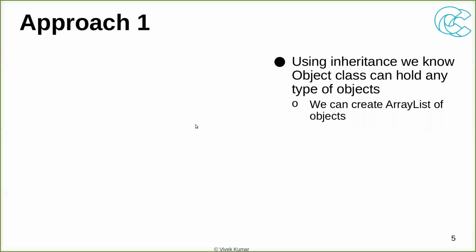With the topics that we have seen so far, one way to implement that is using this object class, because object is the parent for all classes, right? So if you say that something is of type object, then you can throw anything into that list. So let's say we have a list of type object.